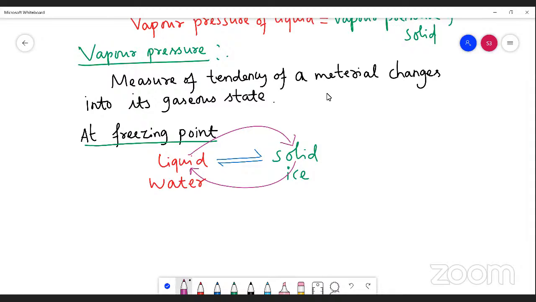I am taking water as an example. Water is going to freeze into ice.